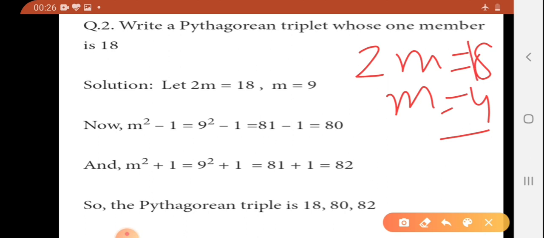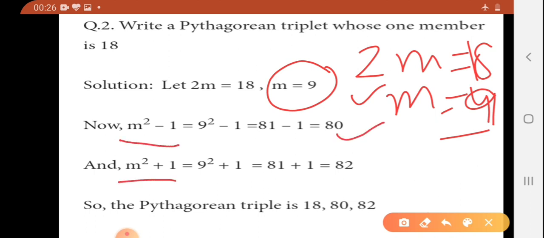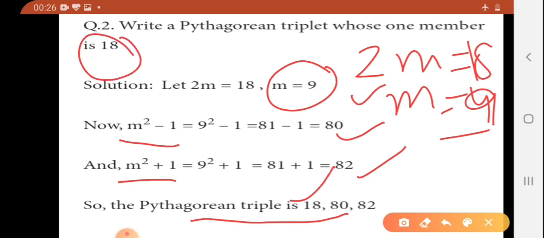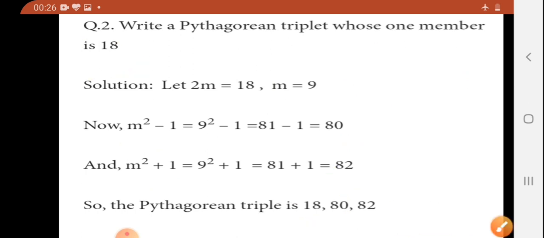So the value of m will come 9. So the Pythagorean triplets are 18, because one number is already given, 80 and 82.